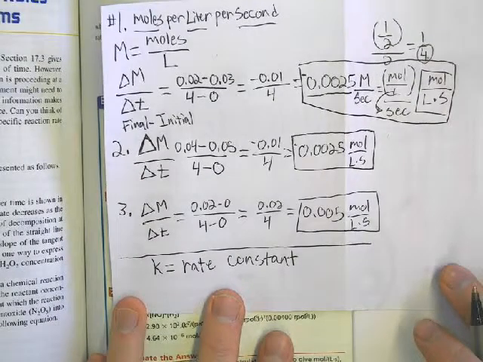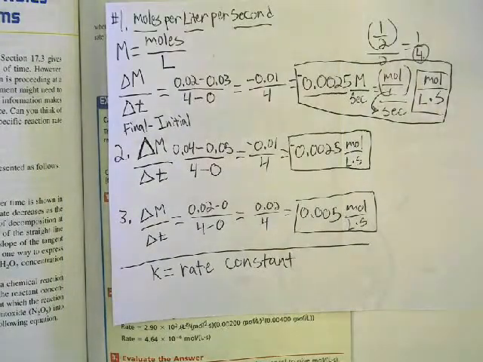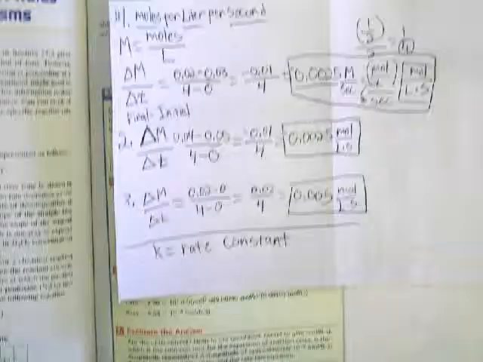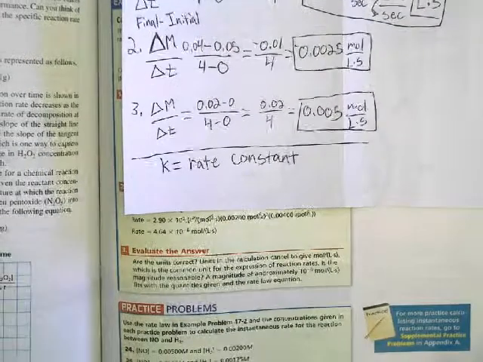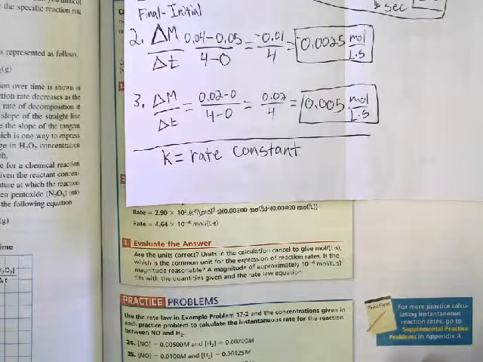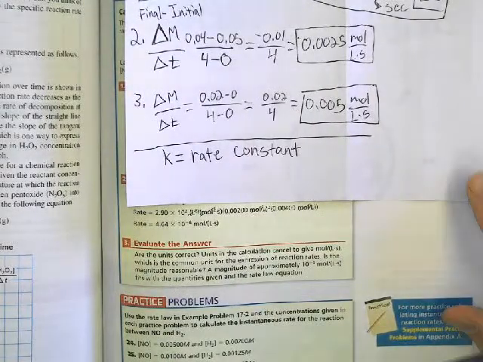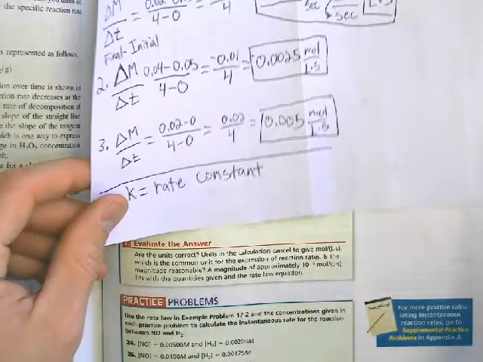Okay, your K equals rate constant. Alright, everybody got that? Sweet.